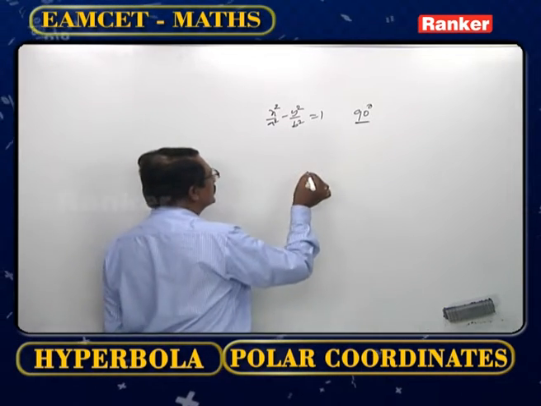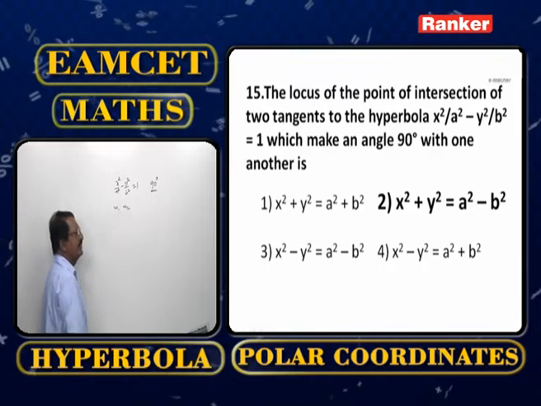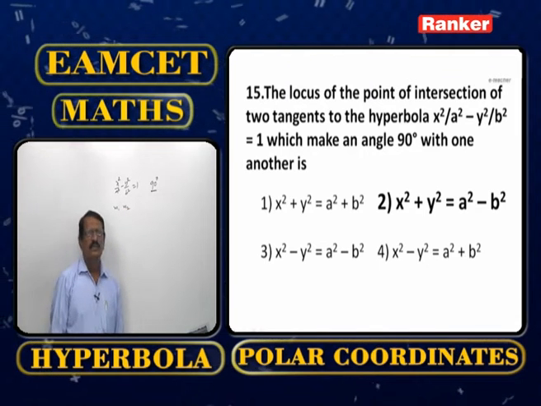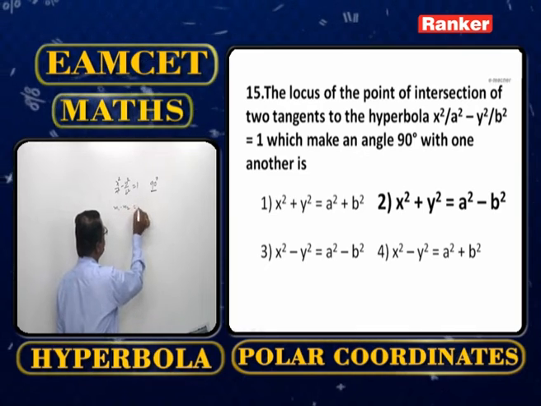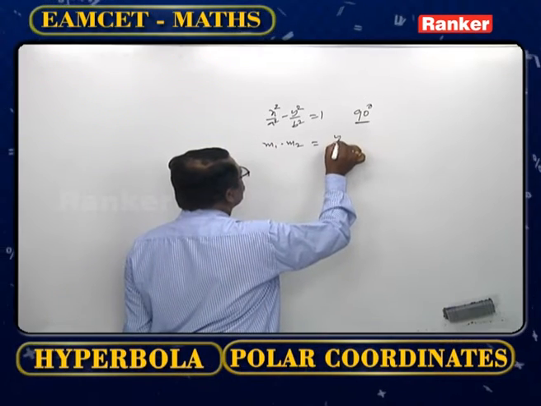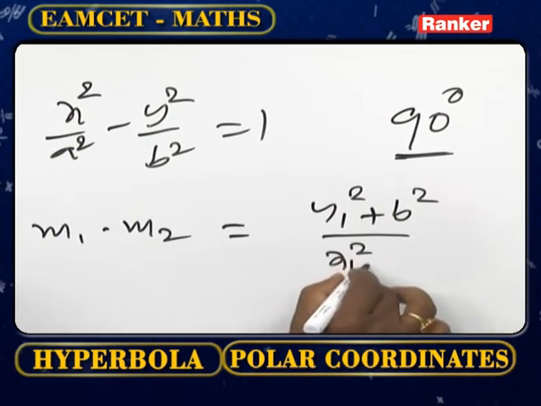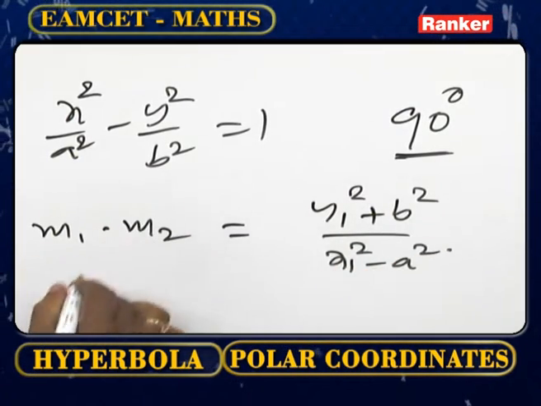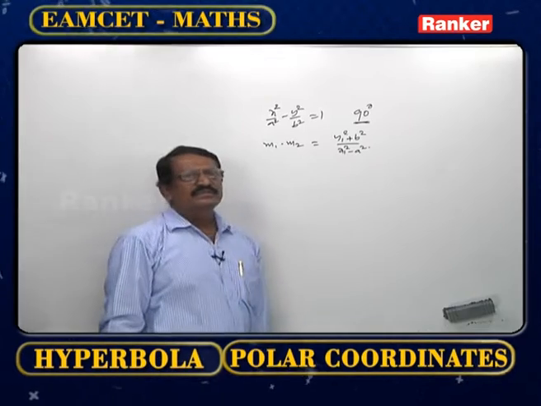Suppose m1 and m2 are the slopes of the tangents drawn from P(x1, y1). The product of slopes equals (y1² + b²)/(x1² − a²). But the product of slopes equals −1, because the angle between the tangents is 90°.